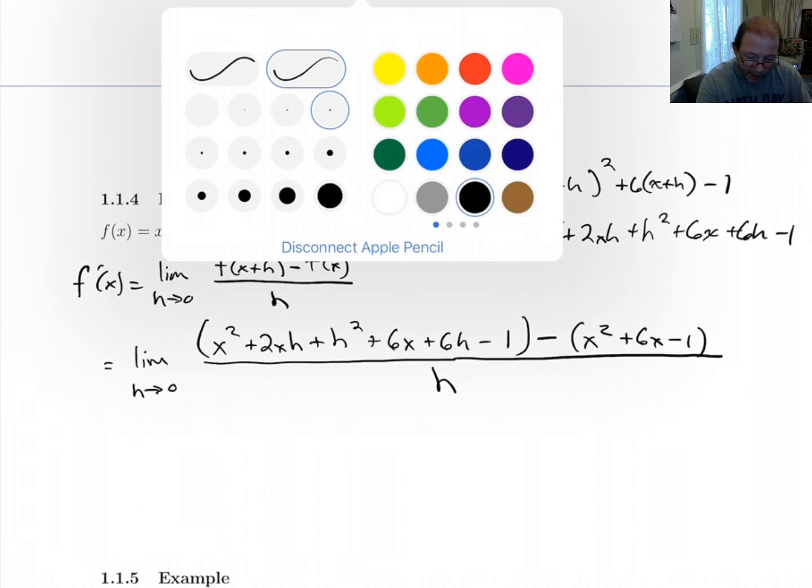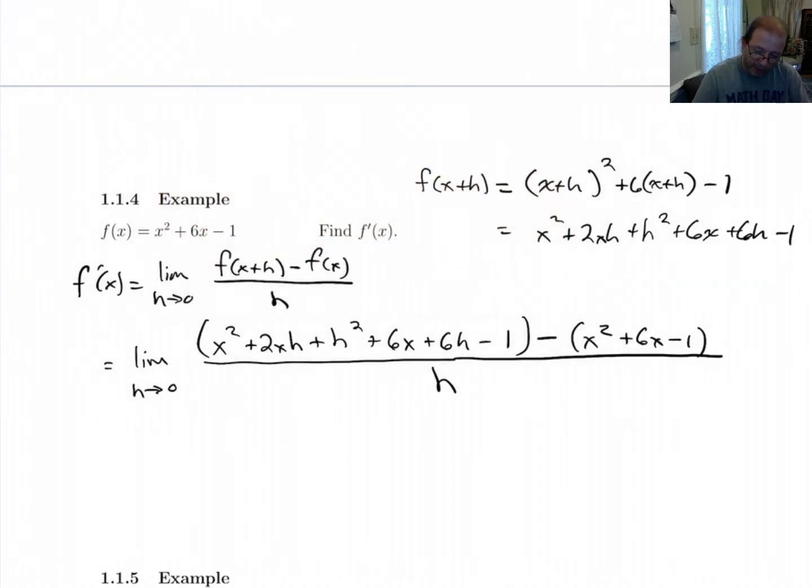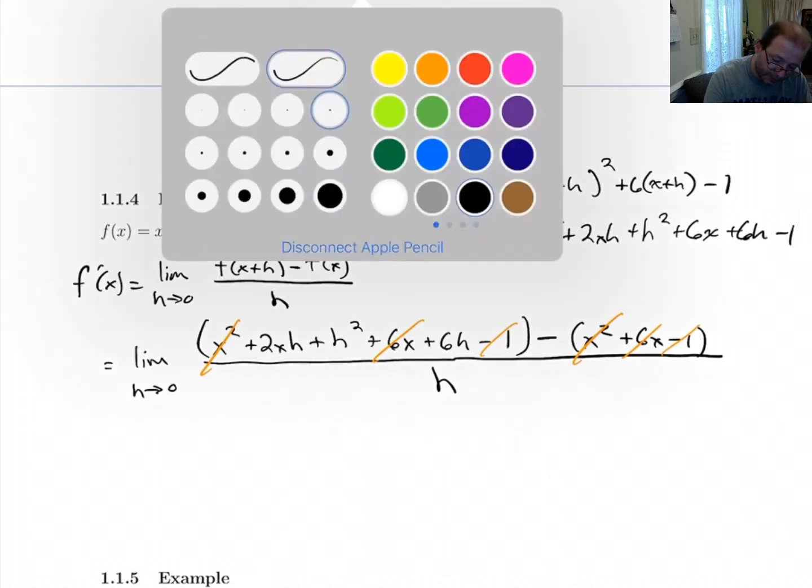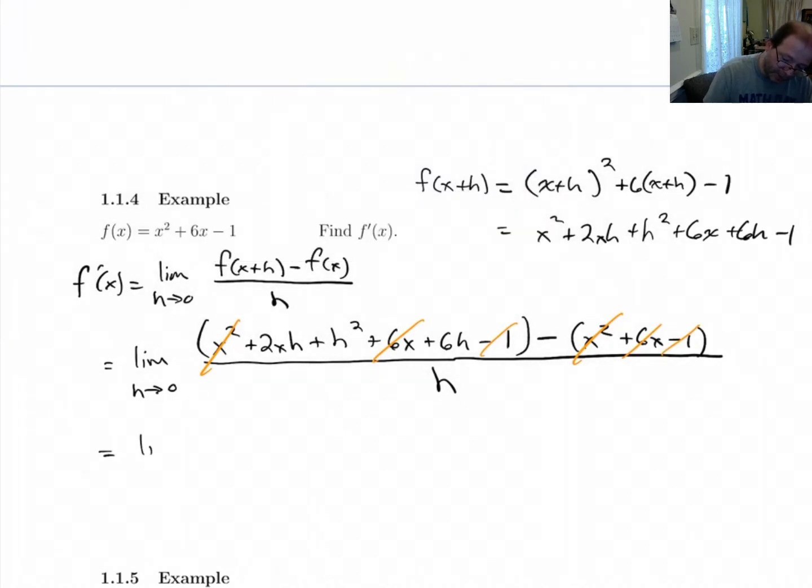And if we didn't make any algebraic mistakes, everything over here is going to cancel away. So let's see, x squared minus x squared, 6x minus 6x, negative 1 minus negative 1. So we're left with the limit as h goes to 0 of 2xh plus h squared plus 6h, all over h.